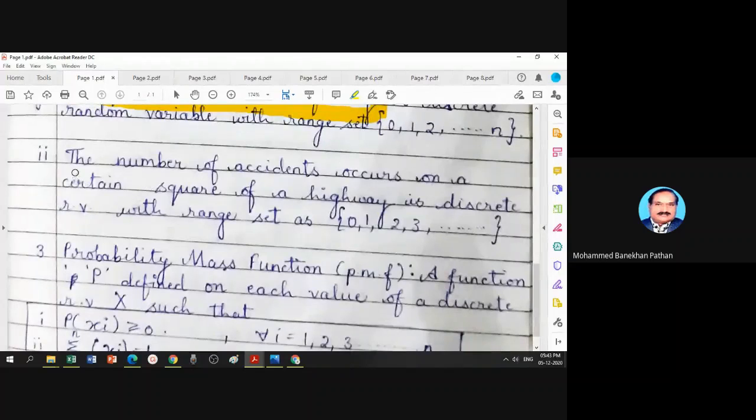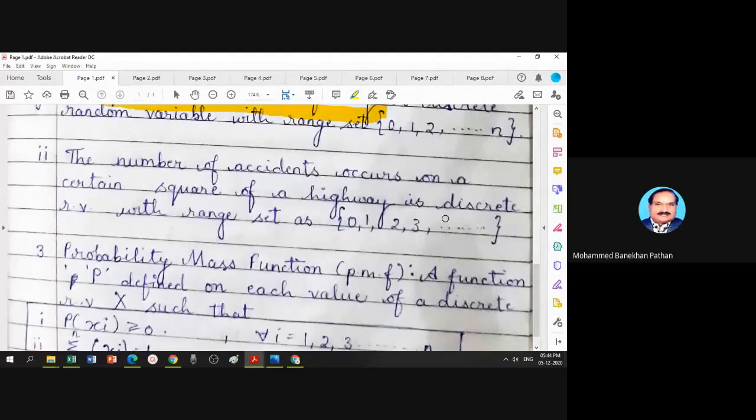Example 2: the number of accidents that occur on a certain stretch of a highway is a discrete random variable with range set. The collection is always in curly brackets, not parentheses, not square brackets. It may be 0, no accident, 1 accident, 2, 3, and so on.